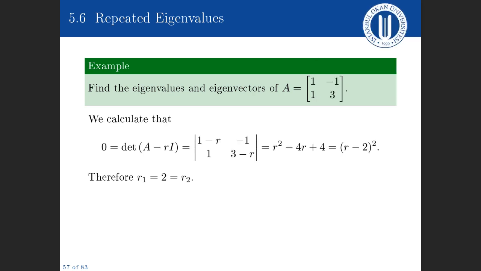Using our eigenvalue equation, we can calculate that 0 must be the determinant of A minus rI. That's the determinant of 1 minus r, -1, 1, 3 minus r. That gives r squared minus 4r plus 4, but that's just (r minus 2) squared. So we have a repeated eigenvalue of 2.